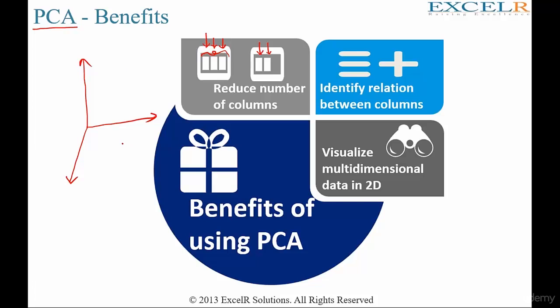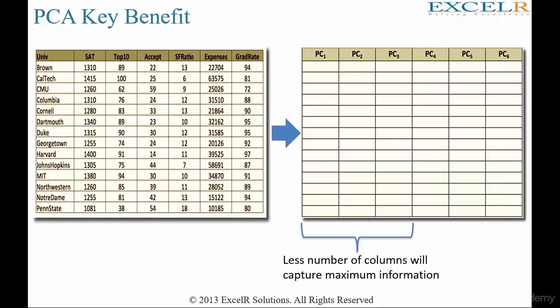That would not be possible. But thanks to PCA, even if you have 200 such variables, 200 different axes, 200 such dimensions, we will be able to visualize. How is that possible? We'll look into that in the subsequent slides.